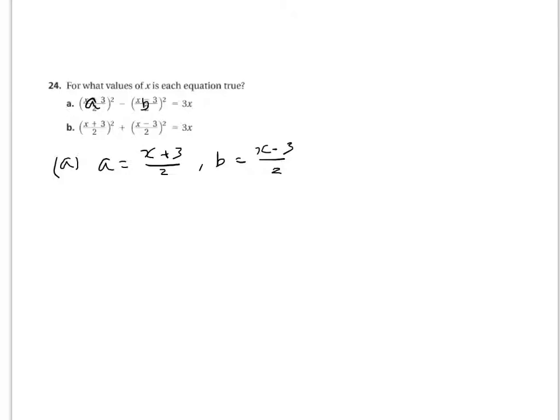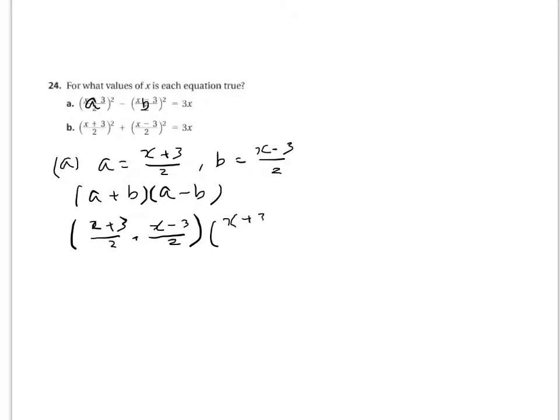So we have a squared minus b squared. That's the same as a plus b times a minus b. Then plug the numbers in, so we have x plus 3 over 2 for a plus x minus 3 over 2 for b, and x plus 3 over 2 for a minus x minus 3 over 2 for b.